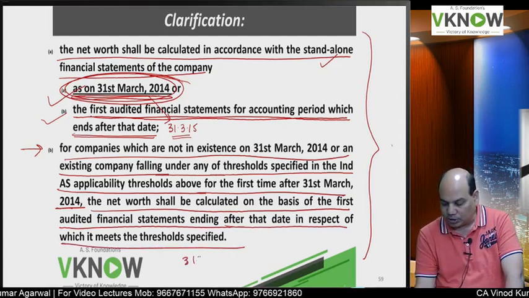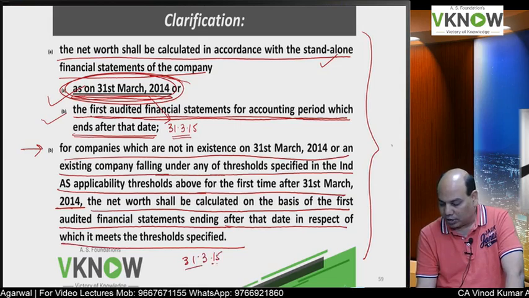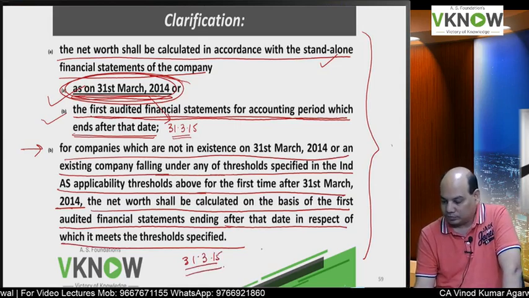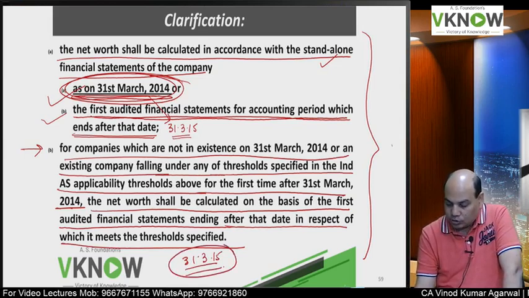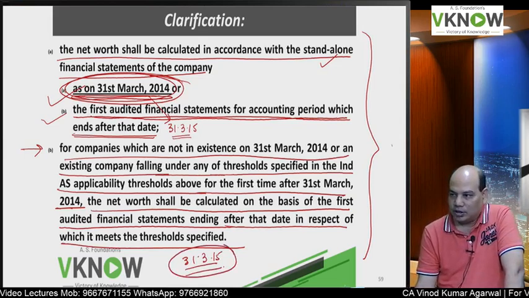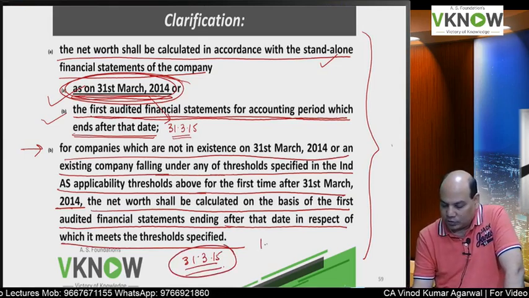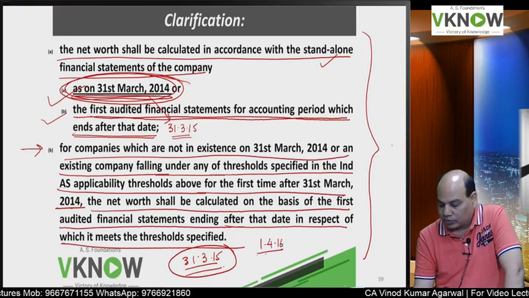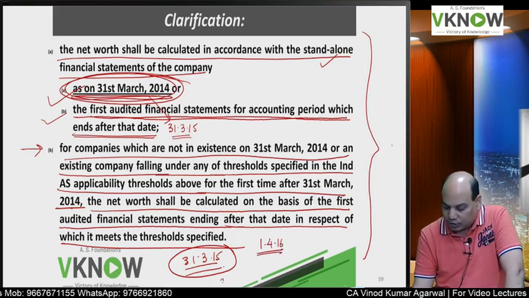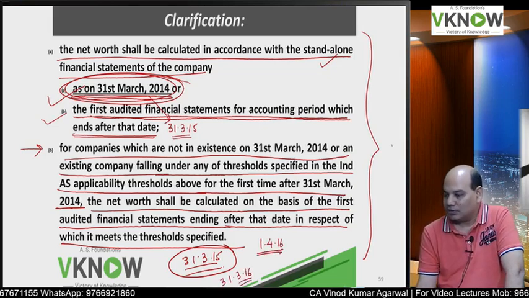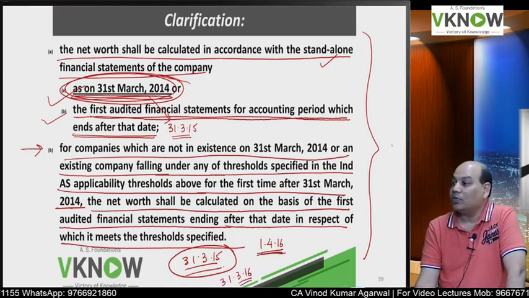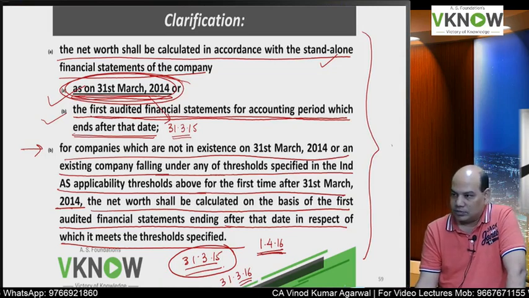So if a company meets the net worth criteria on 31st March 15, then also it will start applying Ind AS. And Ind AS first phase is 1/4/16. If its financial statement meets the requirement on 31st March 16, then also it will start applying from 1/4/16.